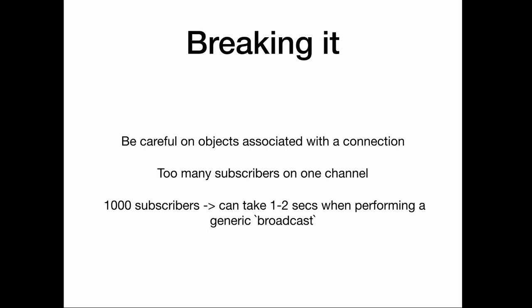And I think the point that I just want to make here is that as long as your system is designed around not having 1,000 people in one room or a channel, you're kind of okay. And if you are going to need more subscribers on one channel, namespace it and perhaps send multiple calls.